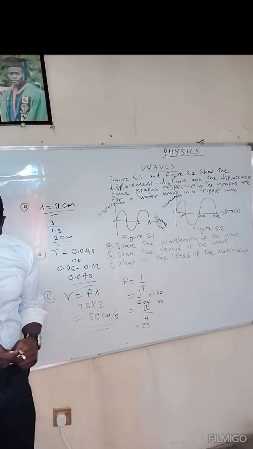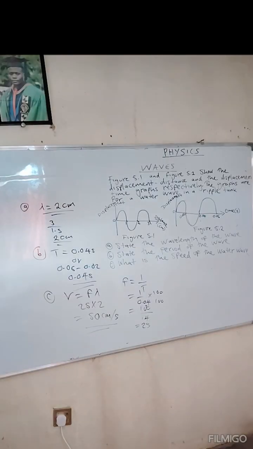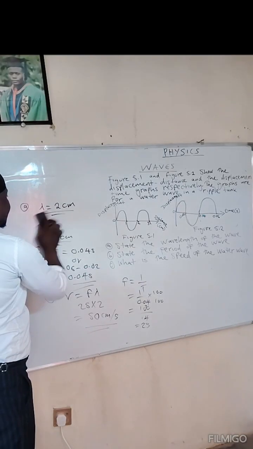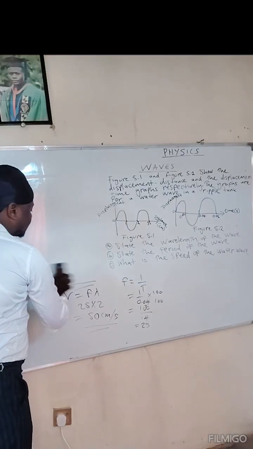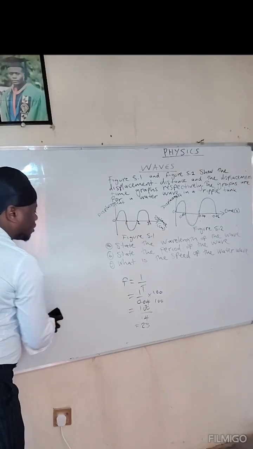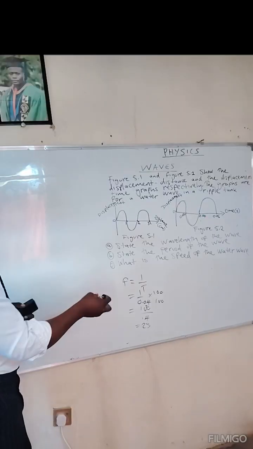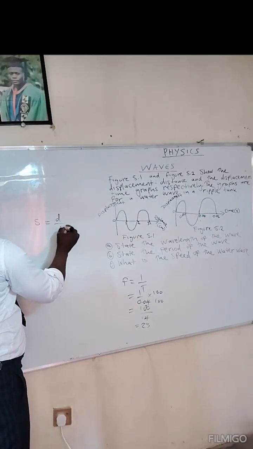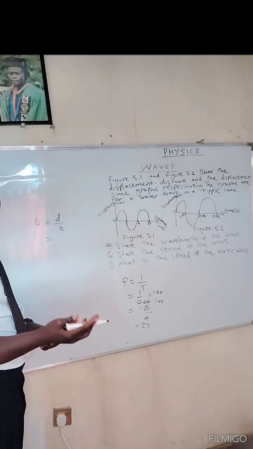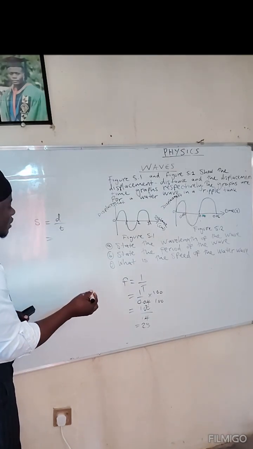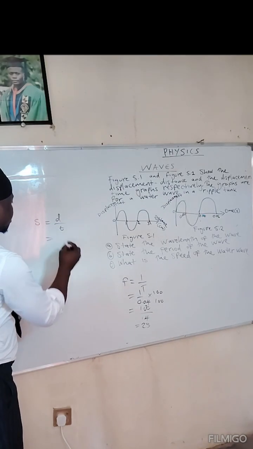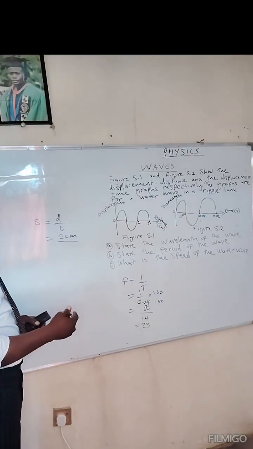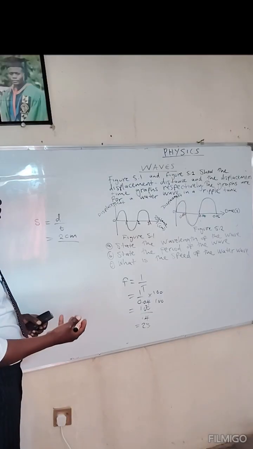Again, if you're not okay with this method, you can also do it like this, where you say speed is equals to distance over time. So distance now will be wavelength. Wavelength was 2 centimeters over time. Time will be period.